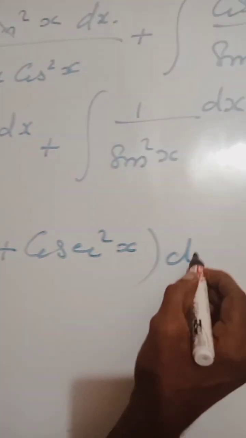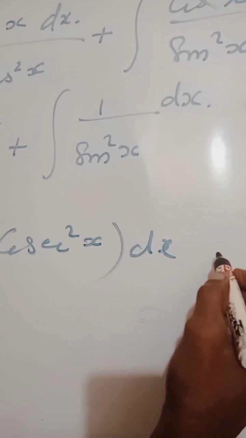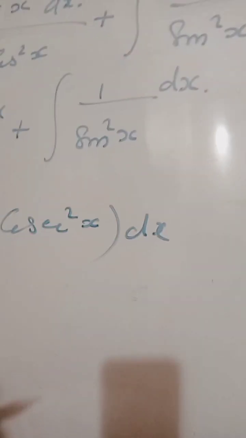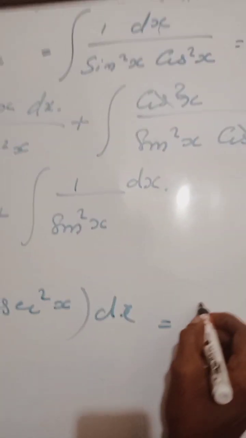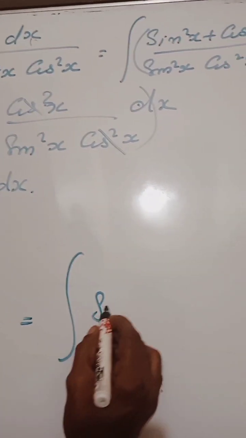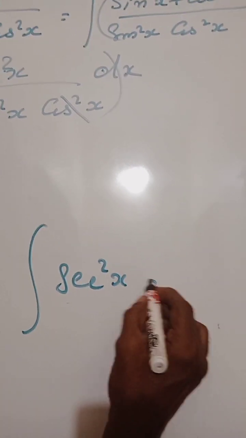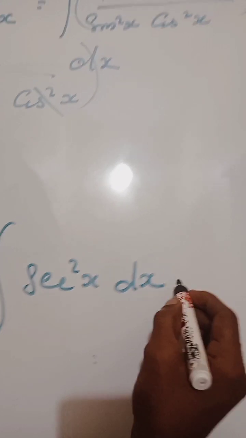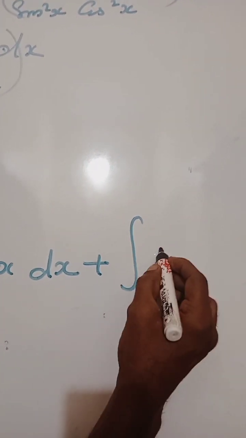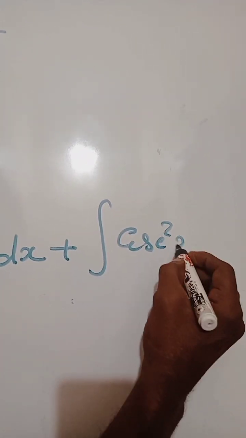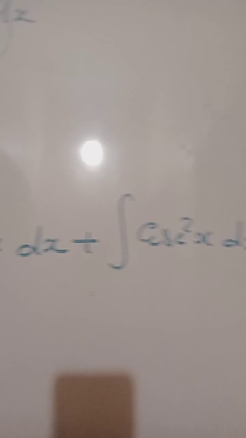Into dx. This is equal to integration of sec square x dx plus integration of cosec square x dx.